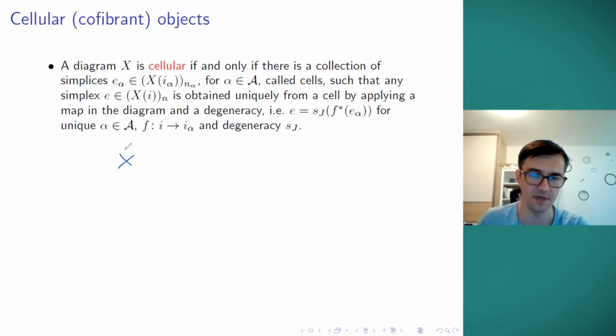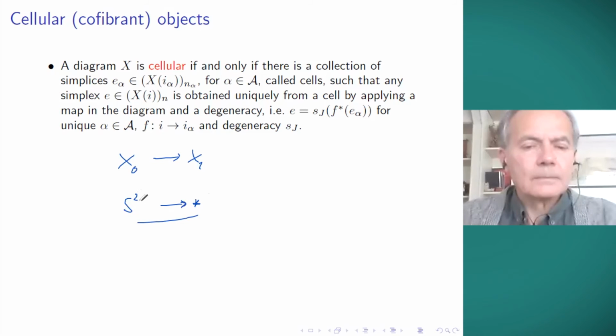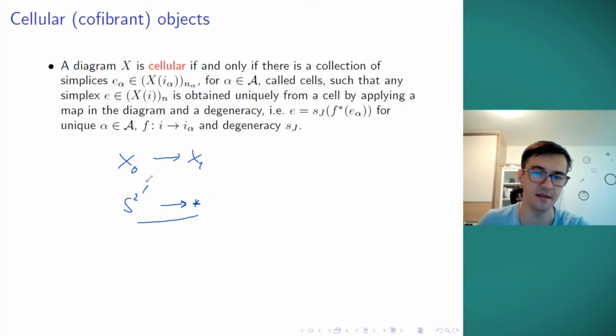Let me go like this. Say I have a diagram like this. There's an object x0, x1. It's just two objects and an arrow. And let's say this is a point and this is, I don't know, a sphere. I have a map like this. So this diagram is not cofibrant, because for it to be cofibrant, I would need the cell here to be mapped to a cell here.